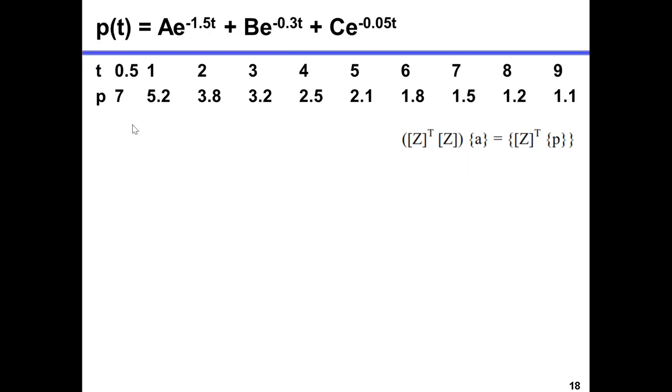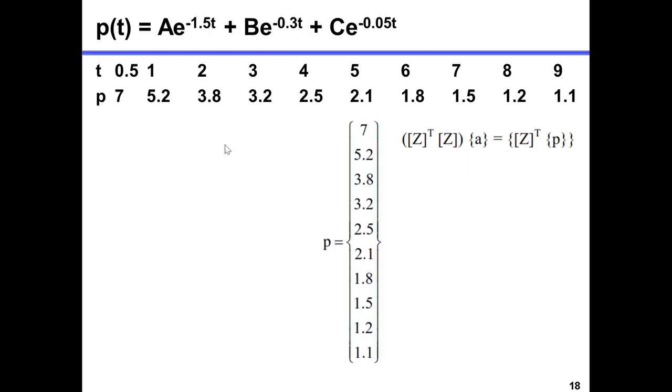Then the first thing is that we want to make all of the matrices. Matrix P is simpler, because here I would just write down 7, 5.2, 3.8, 3.2, and you can see that here, right? The next thing is this A, which is the matrix.